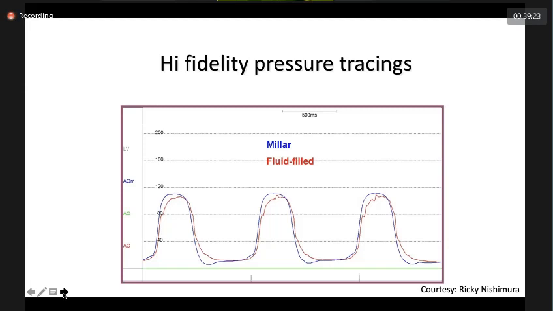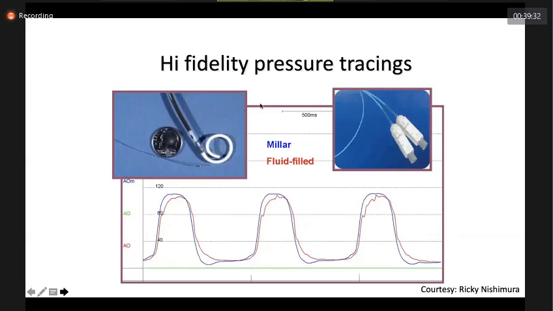Richard Nishimura, whom you all know from Mayo Clinic, is a pioneer in recording a lot of hemodynamics using the Millar catheter. The transducer is located there. This is the transducer wire. Sometimes they put it in, and you can directly connect to the hemodynamic monitor and get the pressures.